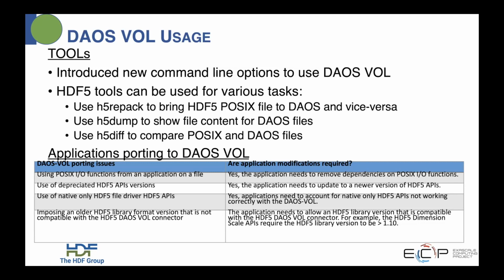Another thing is if you're using an older HDF5 library format that might not be compatible with the DAOS file, you'll probably have to update to the newer HDF5 version. So I think that's all I had to talk about regarding DAOS and some pitfalls you might encounter when you start to port your application to DAOS.